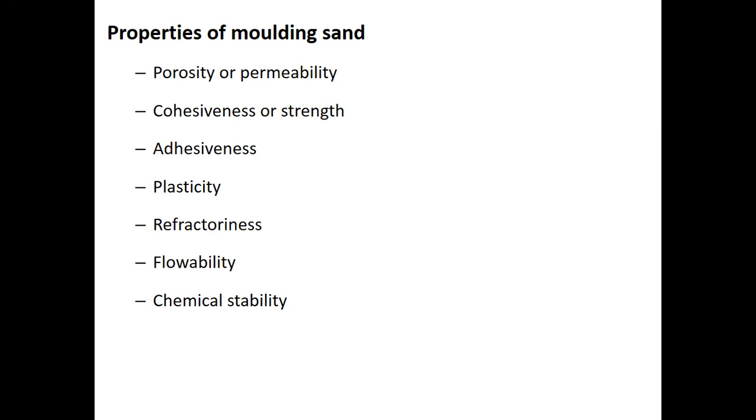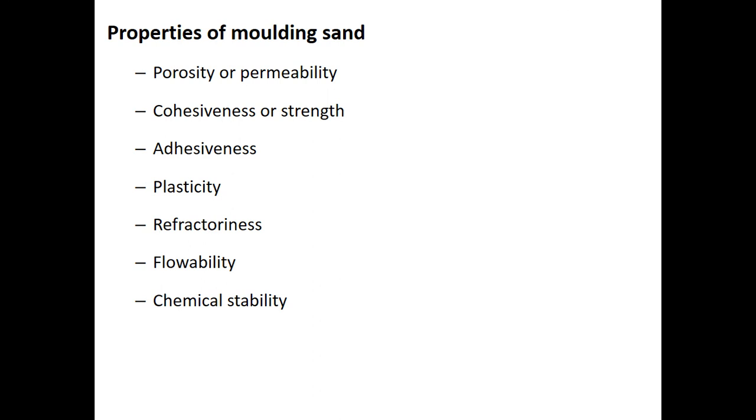Next one is plasticity. What would be the plasticity? Can you say what you mean by plasticity? Actually, this is the same as flowability, which is written below. Both are almost the same, because it is a property of the sand due to which the sand can be compacted to uniform density.